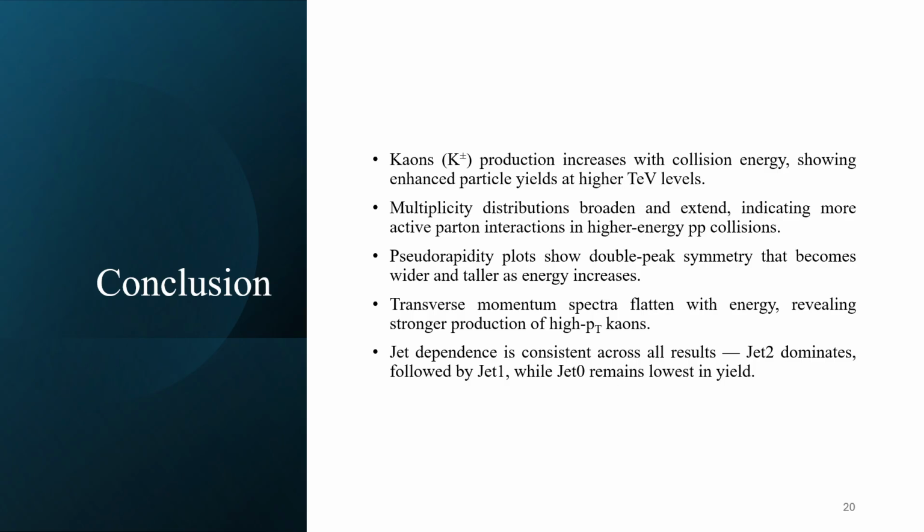Also, the multiplicity distribution becomes broader and extends, which indicates more active proton interaction at higher energies. Also, the pseudorapidity plot, which is double symmetric, becomes wider and taller with increasing energies. Similarly, the transverse momentum spectra flatten, which indicates stronger production of high PT particles, high PT kaons specifically.